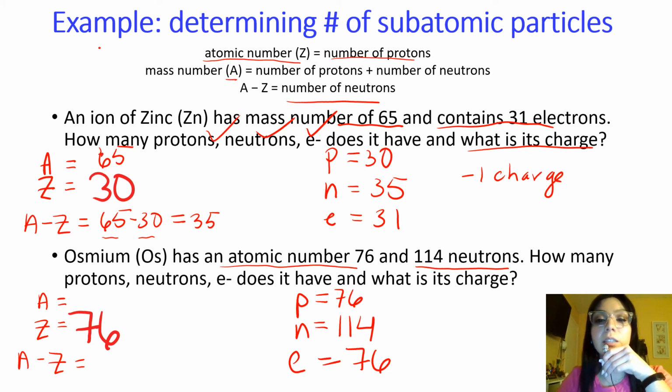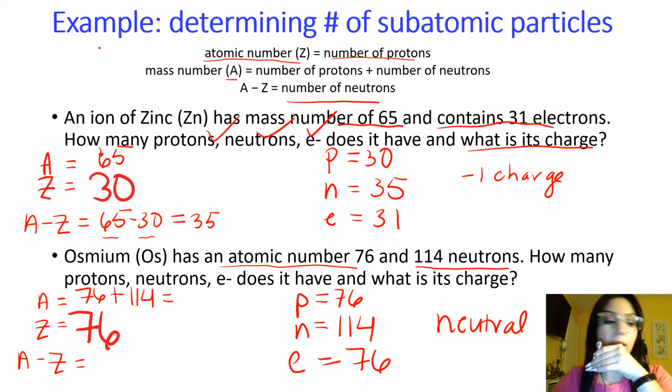So in this case, it would not have a charge. It would be neutral. And for our A, just to fill this in, our mass number would be our protons plus our neutrons. So when we add that up, we end up getting 190. And we didn't have to do this part because the problem already told us how many neutrons we had.